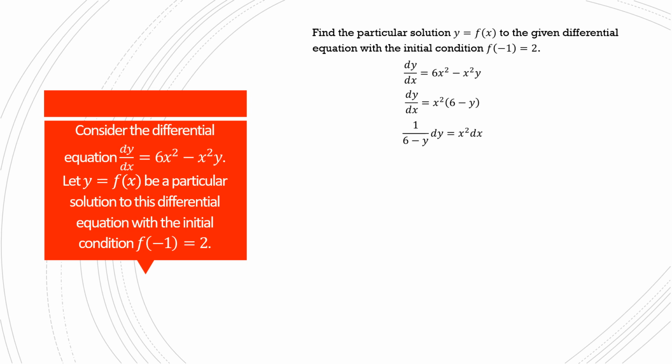So when I factor out x squared, I'm able to move this 6 minus y to the other side. From there, I'm going to integrate it, making sure I remember to u-sub, right? So making sure that that ln is negative because of the negative y. From there, I'm going to plug in my initial condition and simplify. Solving for c, I get 1/3 minus ln 4.